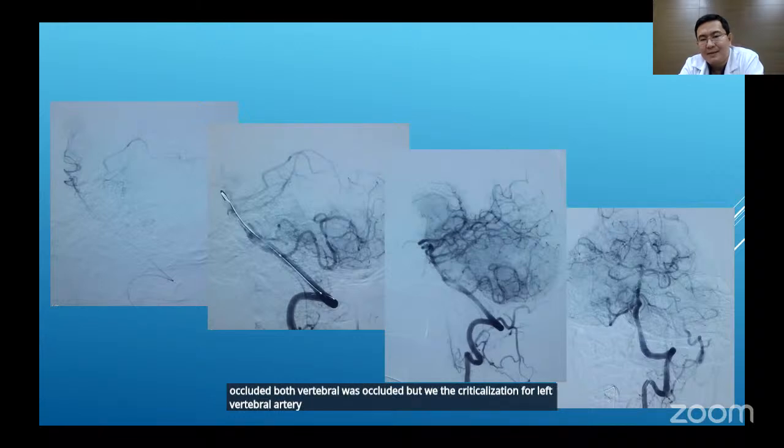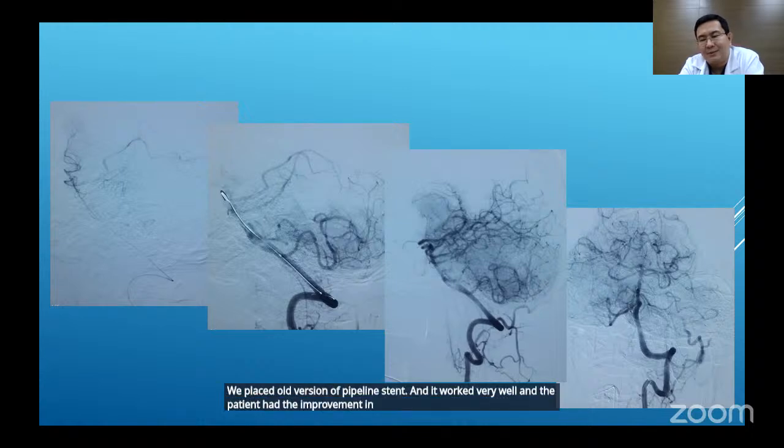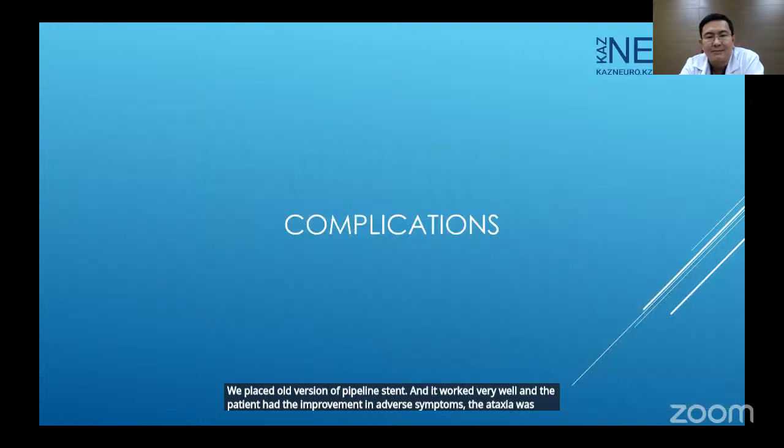And in this case, at that time, the Credo or Cleaner stents were not available, and we placed an old version of the Pipeline stent, and it worked very well, and the patient had improvement in vertebrobasilar symptoms. The ataxia was resolved in this case.